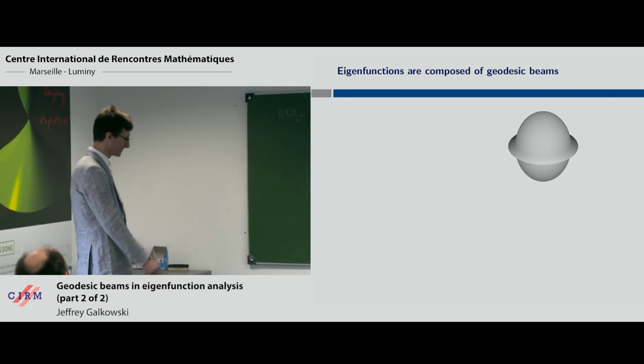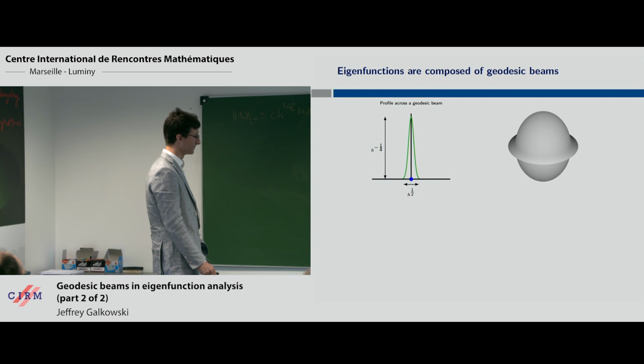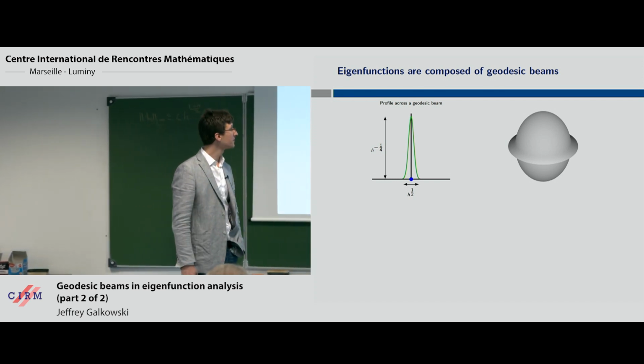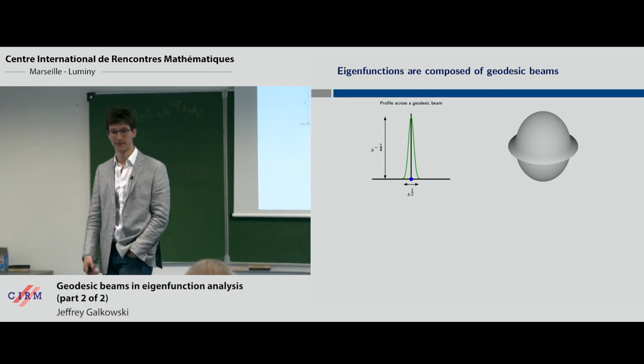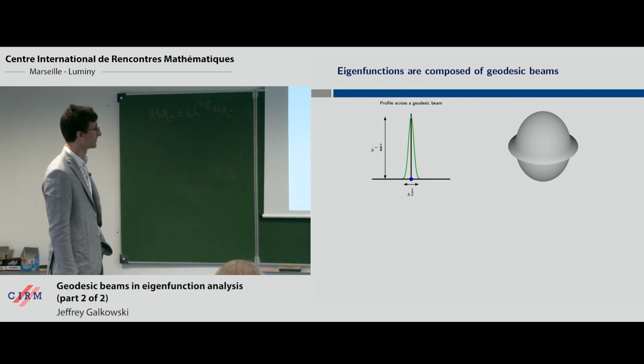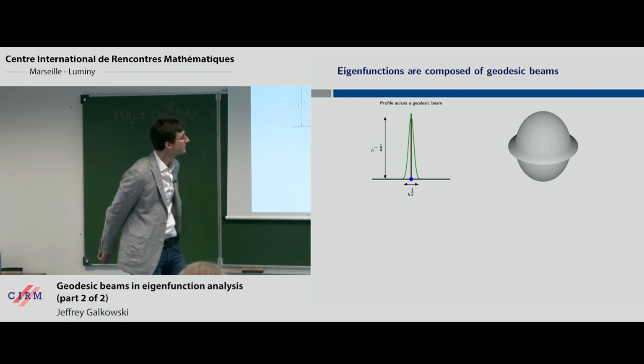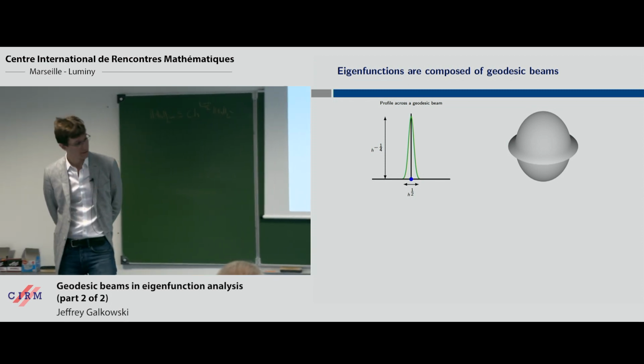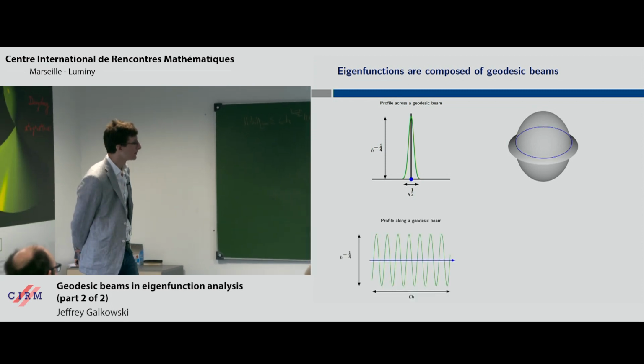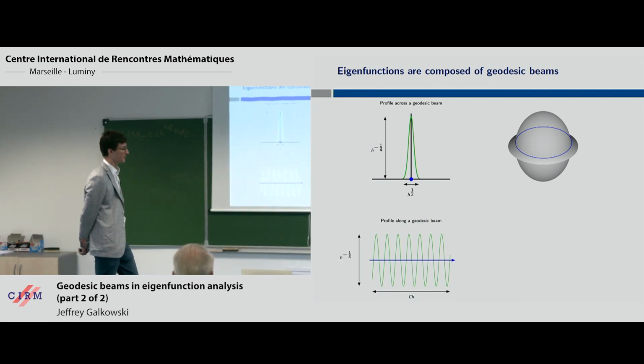So we have these geodesic beams, which are functions localized at scale h^(1/2) around a geodesic, so transverse to a geodesic. Their profile should be L2 normalized, and so in 2 dimensions we have this h to the minus a quarter here. And along a geodesic, they should oscillate at frequency h inverse.